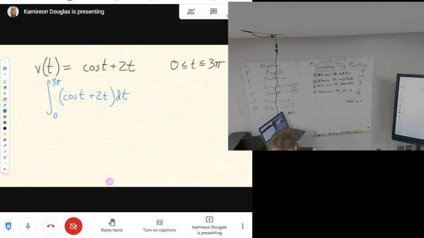Integrate the function. What is the integral of cosine of t? Sine of t. Remember, sine becomes cosine, so then cosine has to become sine. And the integral of 2t? t squared.